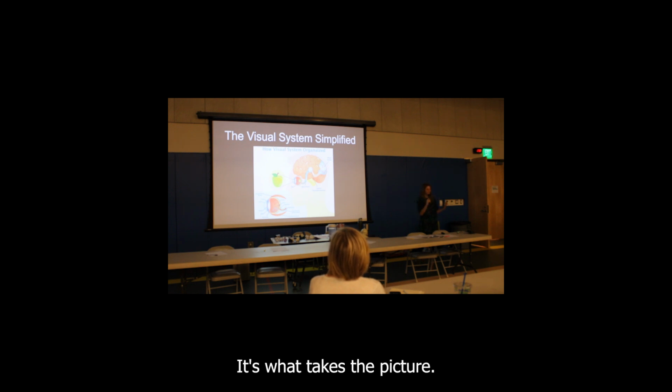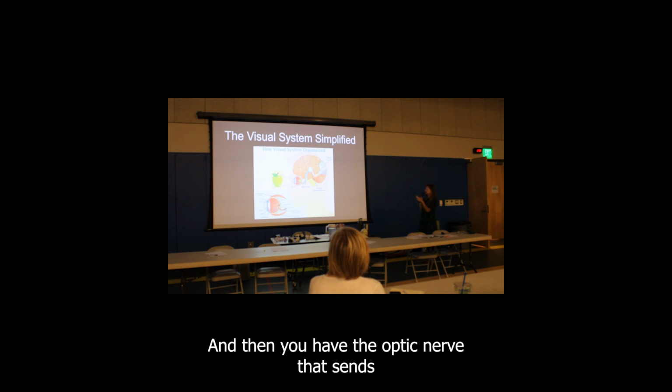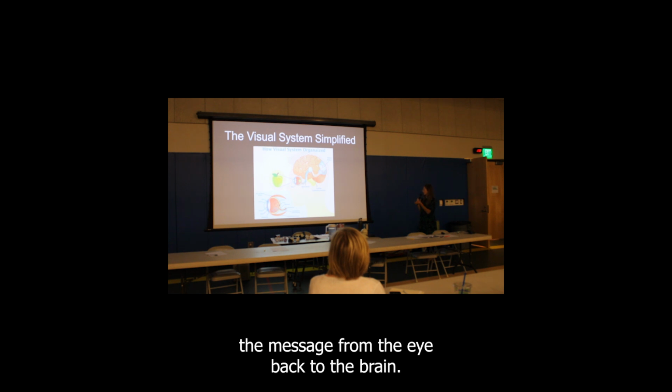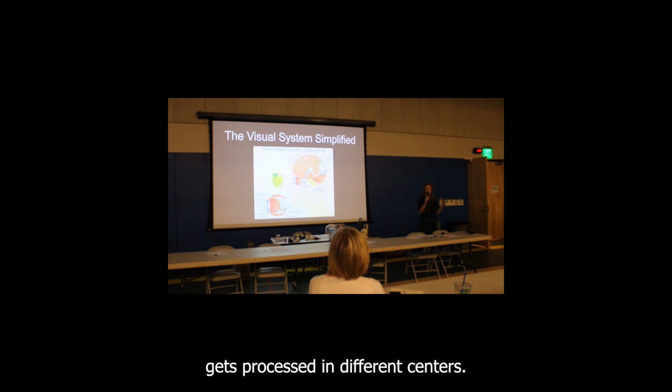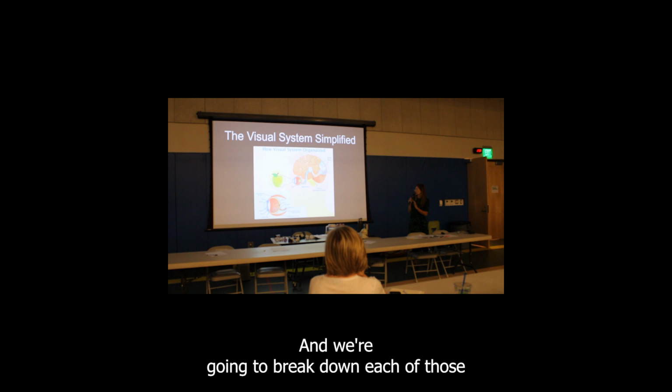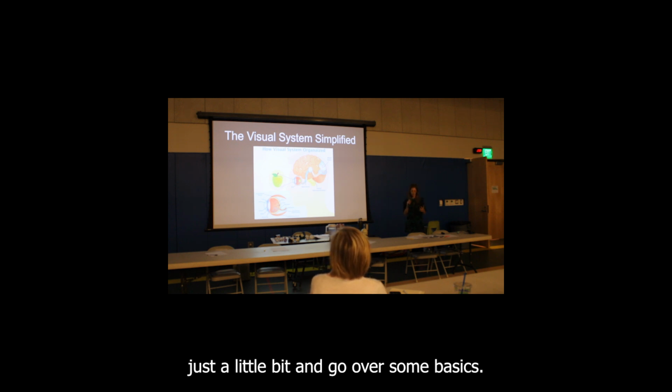It's what takes the picture, what detects light. Then you have the optic nerve that sends the message from the eye back to the brain. And the brain is where all that information about light gets processed in different centers. We're going to break down each of those a little bit and go over some basics.